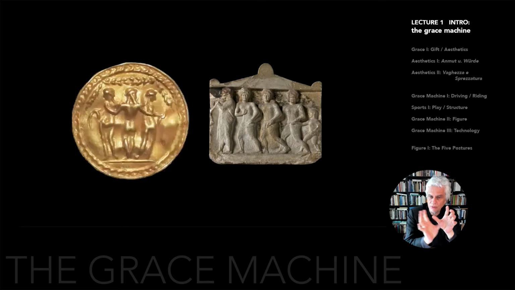So there are slow changes, and the most powerful idea is how do you actually do that in relief? How do you actually depict a circular organization? And you do that by turning the middle figure around, right? So suddenly Aglaia, it's probably Aglaia in the middle, is turned backward.